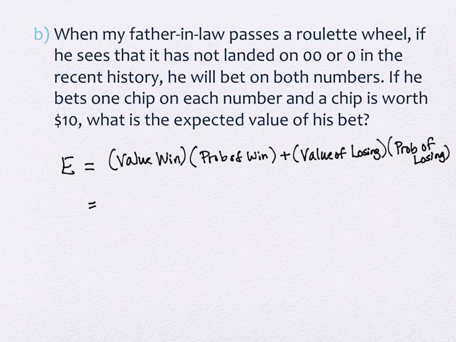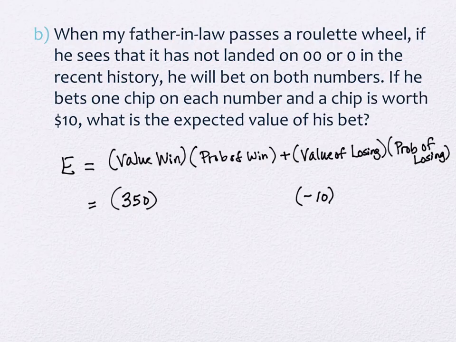What is the value to me if I win the spin? It is $350. What is the value to me if I lose? It's negative 10, right? Because I'm losing it. So make sure you get a negative in there on that 10.